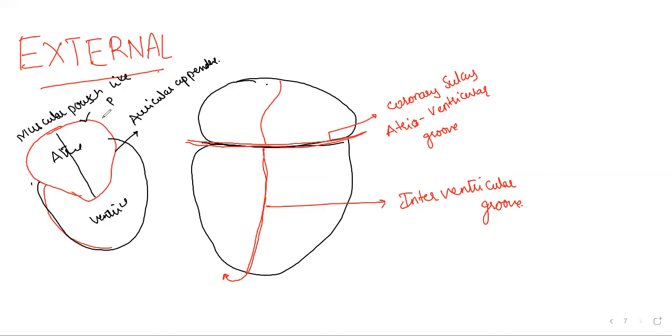Generally we wear the shirt on the upper side and the pant on the lower side. Now, what is the shirt here? The atria. The shirt overlaps the ventricle. The muscular pouch-like projection of the atria above the ventricles is the auricular appendix. Just for information, not for examination.